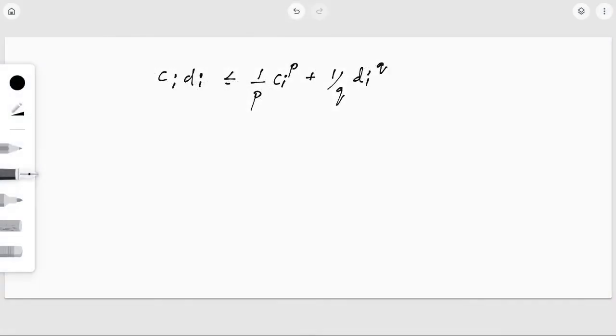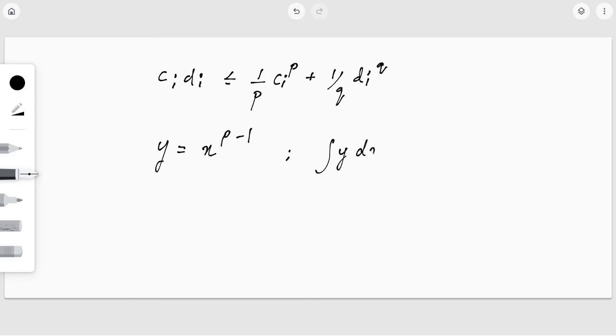Consider the function y equal to x raised to p minus 1 and integrating this function with respect to x. What do we get? We get integral y dx will be equal to integral of x raised to p minus 1 into dx, from 0 to ci.